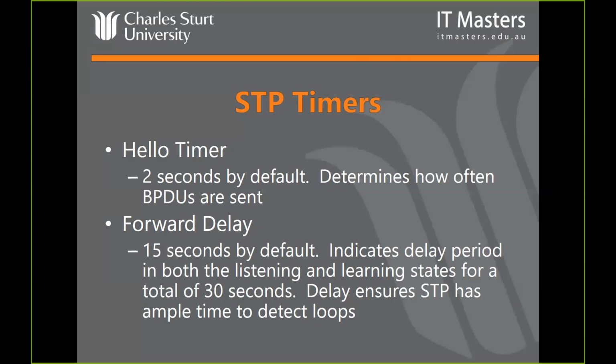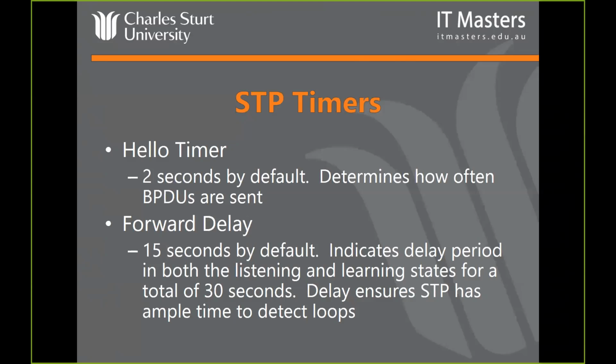The forward delay we were just talking about is 15 seconds. So the forward delay timer is responsible for determining how long a switch waits before it goes from listening to learning and then learning to forwarding. So 30 seconds. From the time when you plug a port into a switch, if it's not detecting it's connected to another switch, it will start listening straight away.